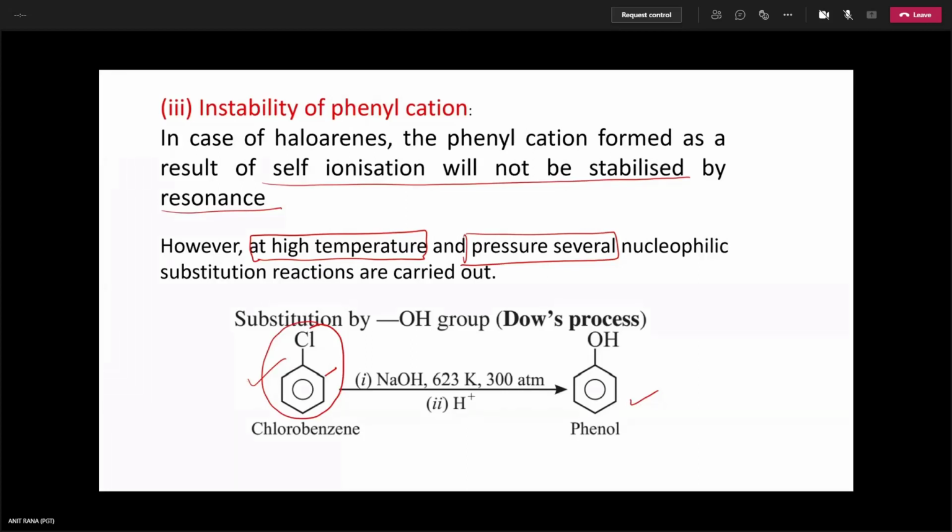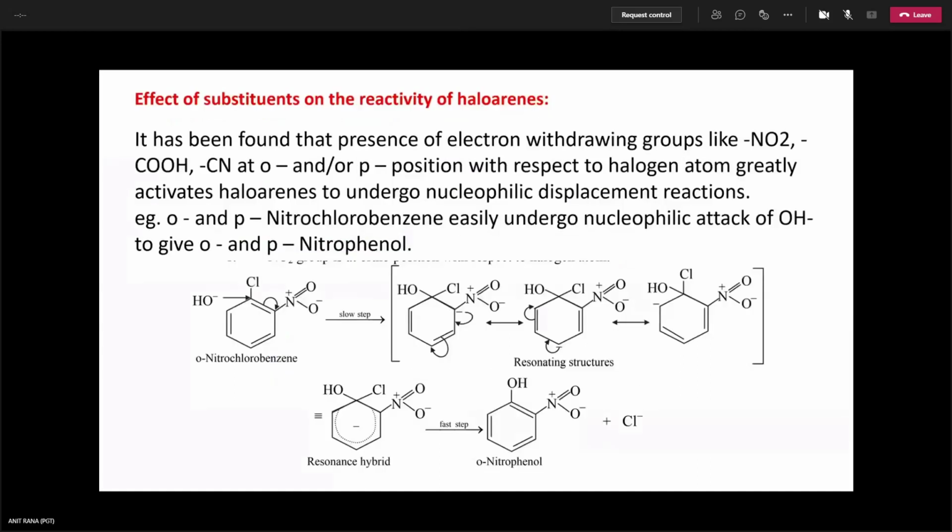So let's see the effect of the electron withdrawing group on chlorobenzene. It is observed that if the electron withdrawing group is attached to the haloarene, then the reaction becomes easier. The reaction can take place under milder conditions, and I can say it enhances the nucleophilic substitution.